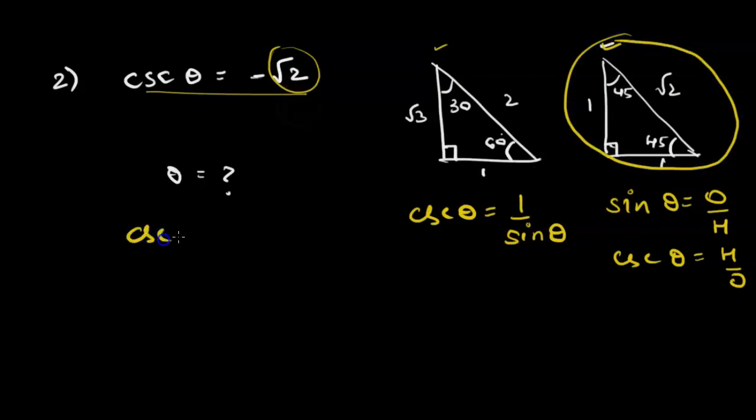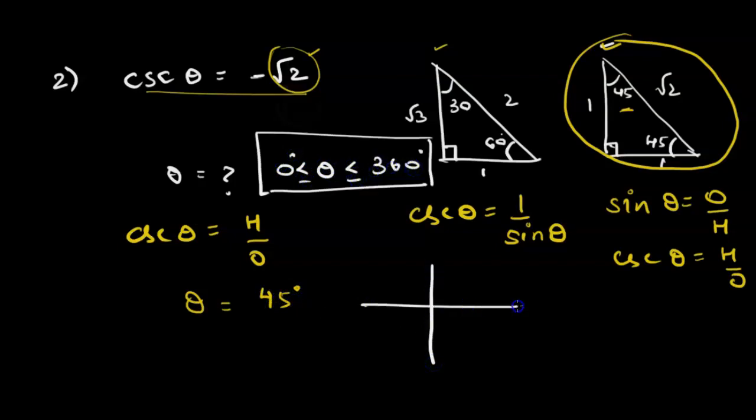Now, we are looking for cosecant theta, which is equal to hypotenuse over opposite. So we are looking for the angle where the hypotenuse is root 2, and that is the 45 degree angle. So from here we get to know that theta is equal to 45 degrees. Now since we're supposed to find theta between 0 and 360 degrees, the next step is to use the CAST rule, and we would look where sine is negative, because cosecant is the reciprocal of sine.